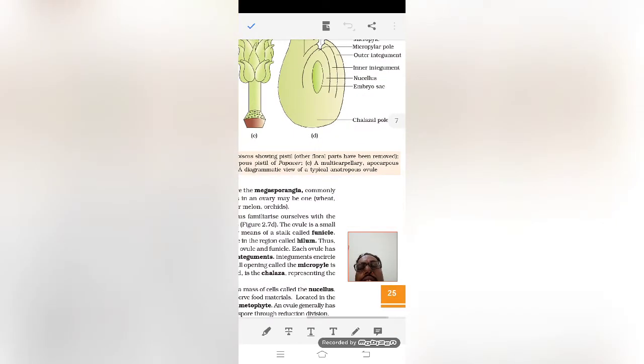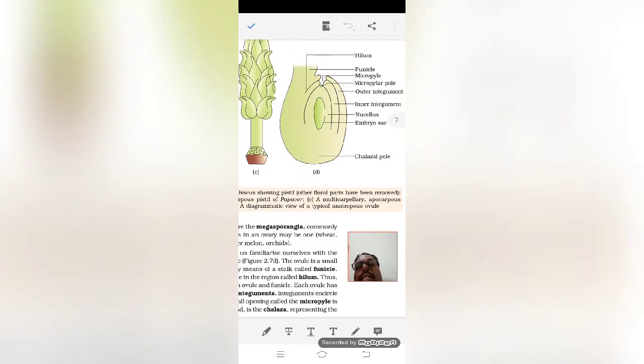Then this is the main thing you have to know, and this question is asked for the board examination.